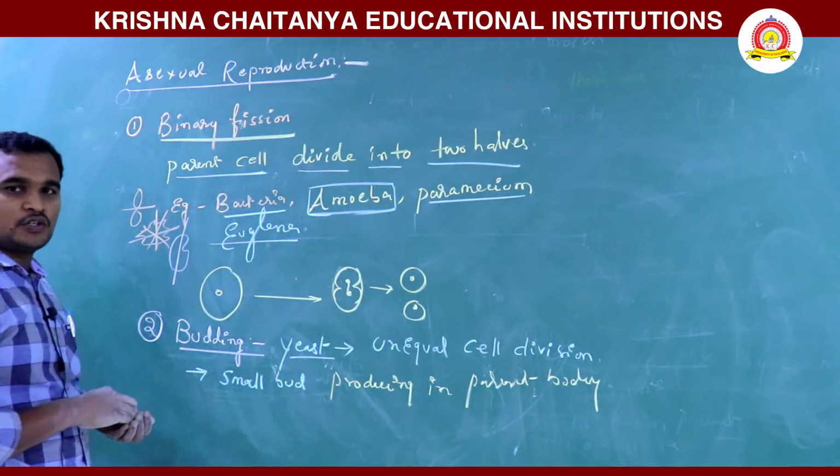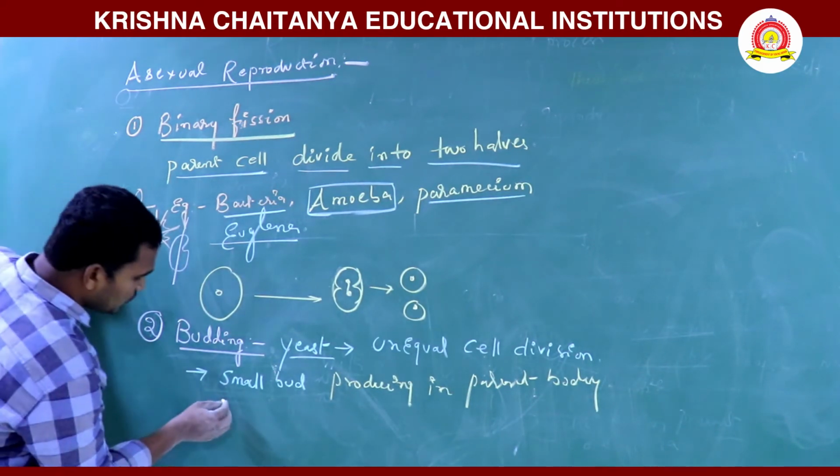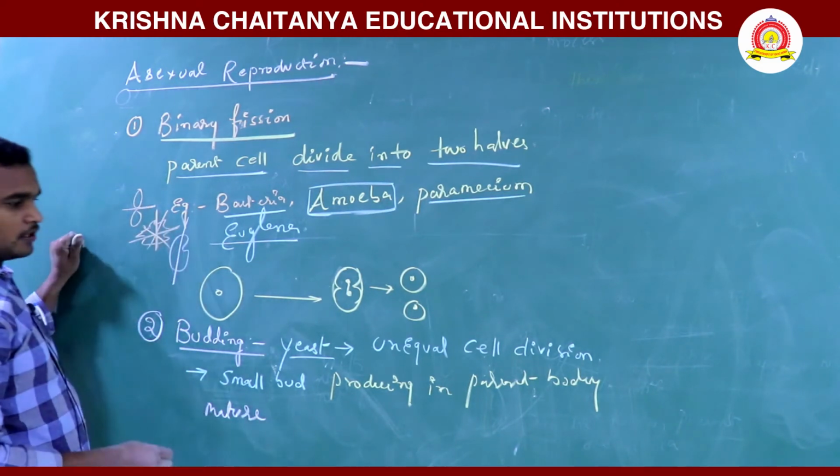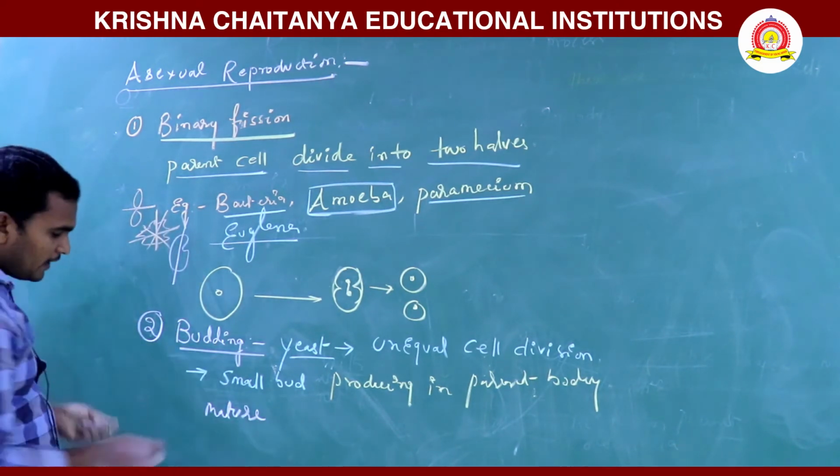It is attached to the parent body, and when it matures, it is produced on the parent body.